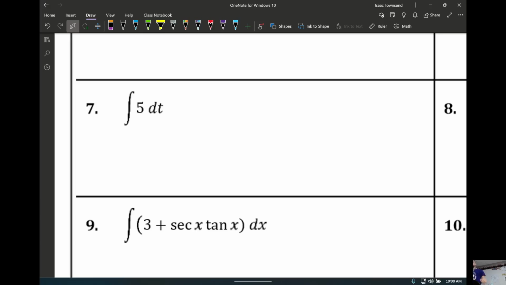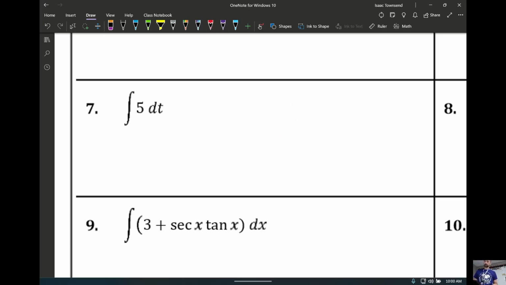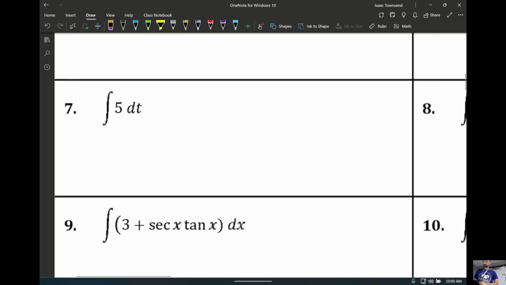I guess you could try to do number 7 with U substitution. I don't even know if that'll work, because then you don't have the DU. So I guess that wouldn't work there, or the DT.